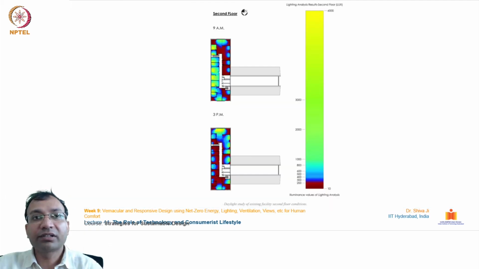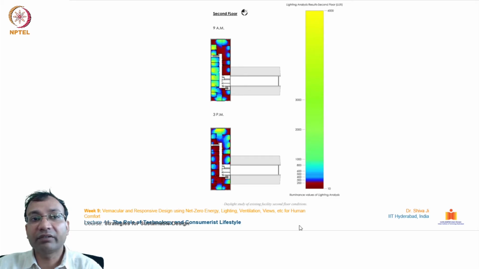This slide talks about the calculation of the incident light in any given space. You see the simulation through this software at two times of the day. This is from the second floor, an example I have taken. You see at 9 a.m. and 3 p.m. how the lux level is changing.